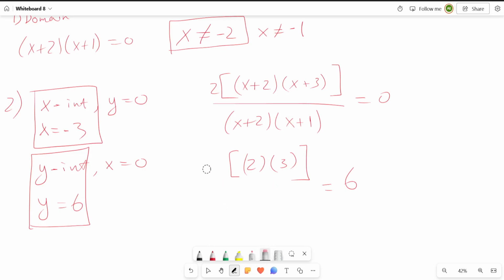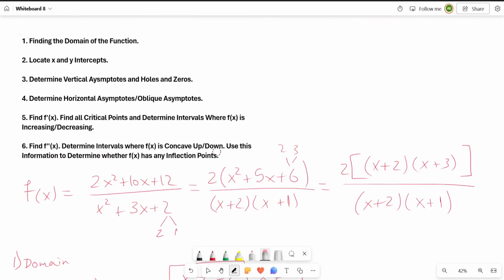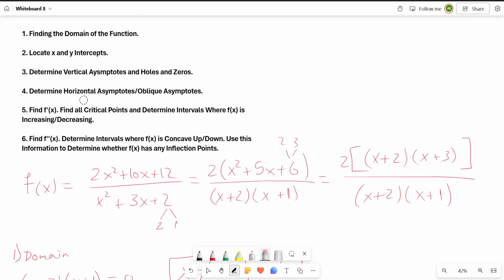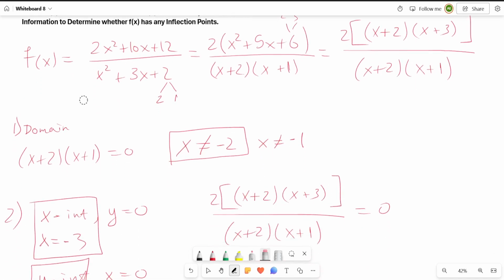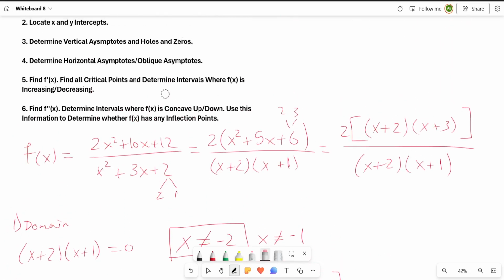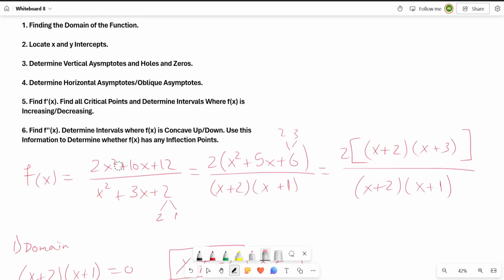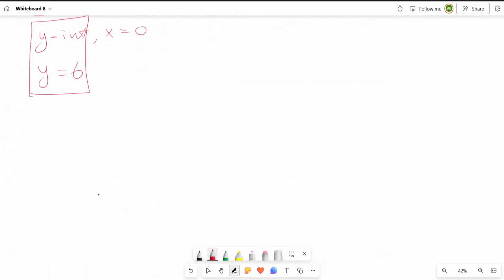So the x-intercept and y-intercept steps are done. Let's check what the third step is. The third step is determining the vertical asymptotes and holes and the zeros. We already found the zeros in the previous step; zeros are the x-intercepts. So let's try and find the vertical asymptotes and holes.